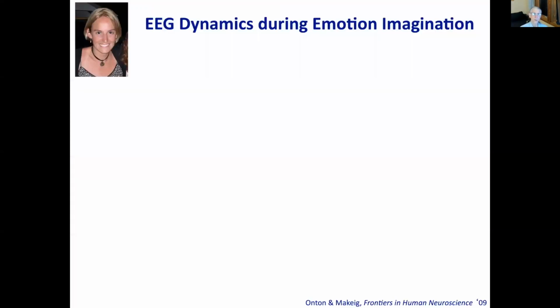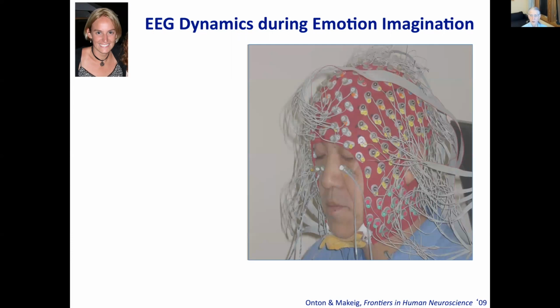Well, I'd like to present again this wonderful experiment that I did with Julie Anton some dozen years ago now, which used emotion imagination. We wanted to understand the EEG dynamics supporting emotional experience. And to do that, we set subjects in a comfortable armchair, had them keep their eyes closed, and listen to and follow instructions given by audio tape.